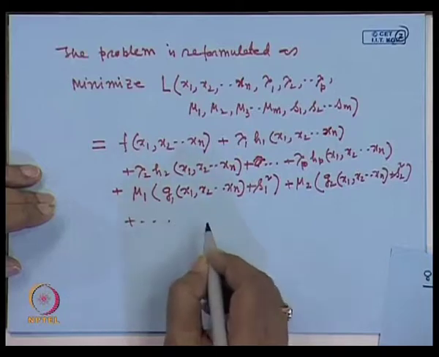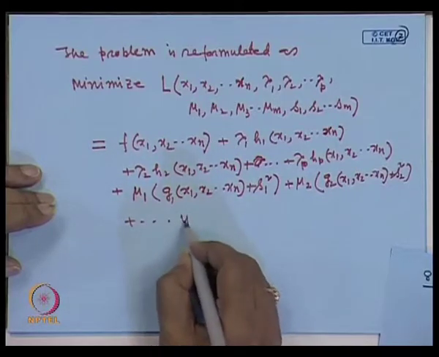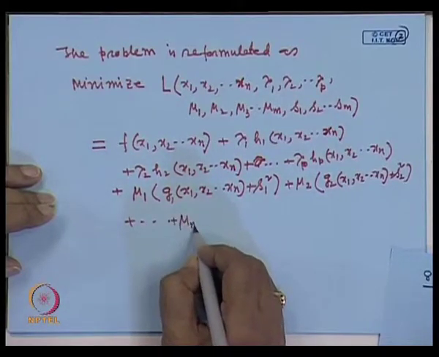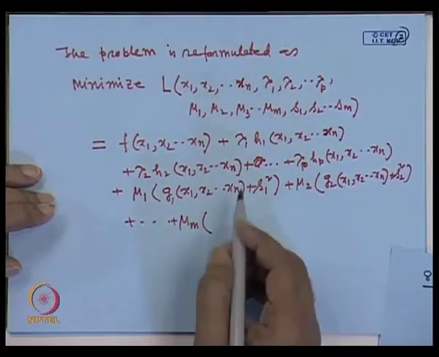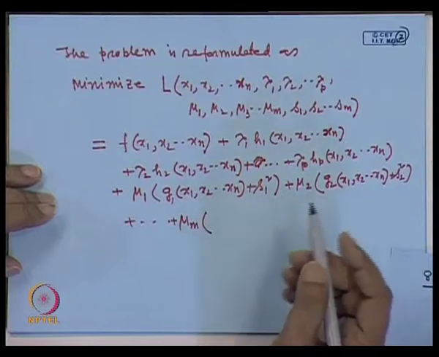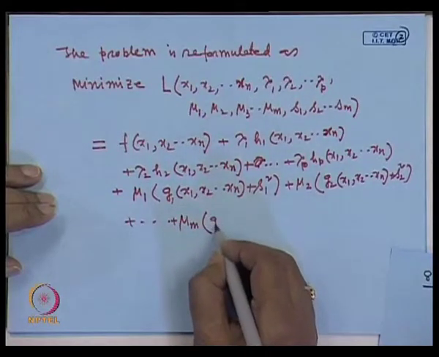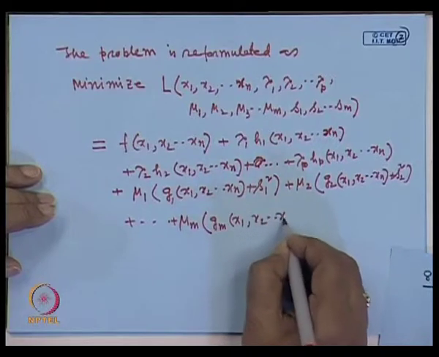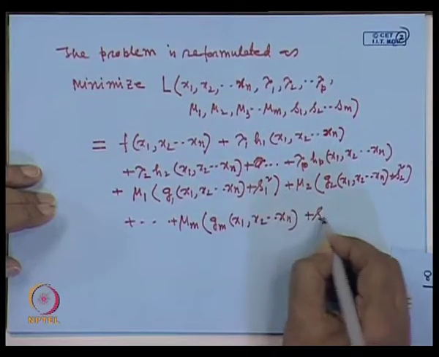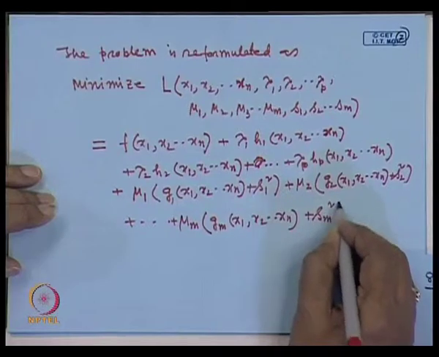We have m inequality constraints, which are converted into equality constraints by adding s j square. So, this is mu m g m of x 1 x 2 dot x n plus s m square.